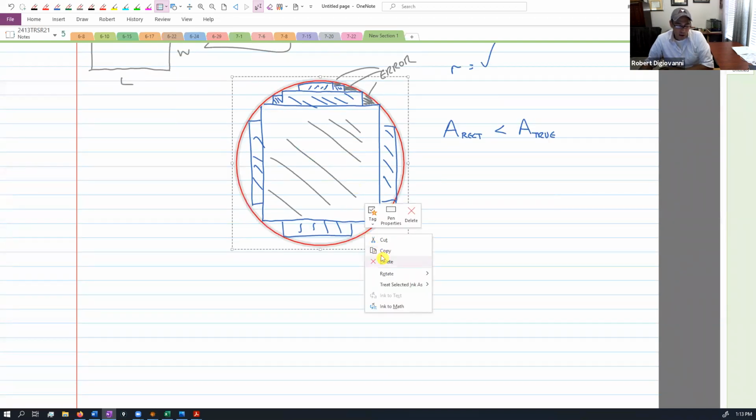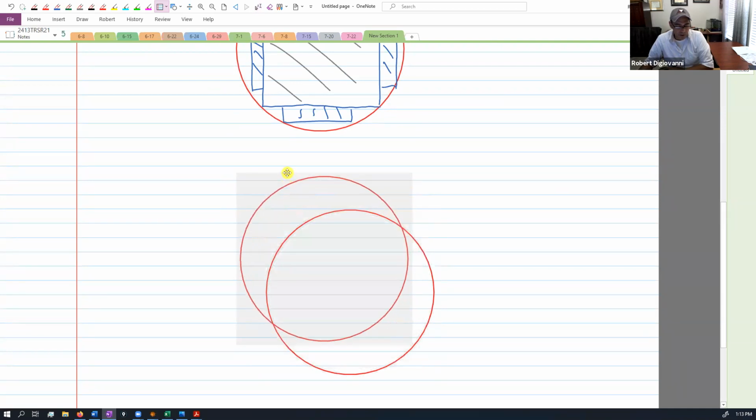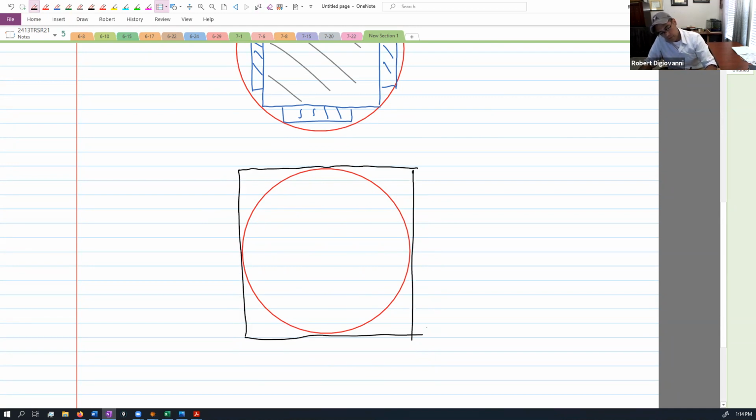Okay, well, what if we take that same circle and this time, instead of drawing a square inside of it and a bunch of rectangles, what if I draw a square around it like this? I could find the area of that, right? And then I could draw smaller little squares and rectangles in here and start subtracting those areas from the big square, right?